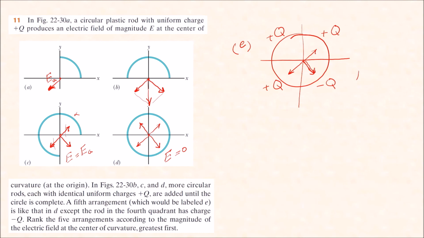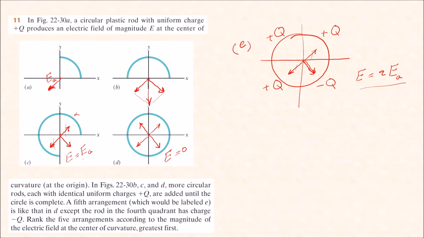So here you see that E becomes twice EA, right? Because these two cancel each other, what remains is two vectors in the same direction, and each one is EA. So the net will be twice EA. Is that clear? And in part C, E equals EA.